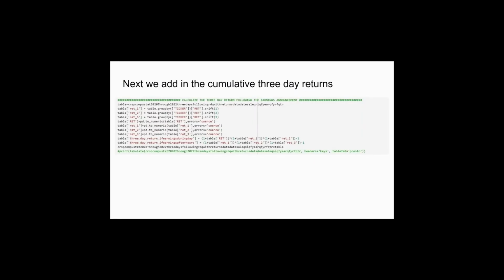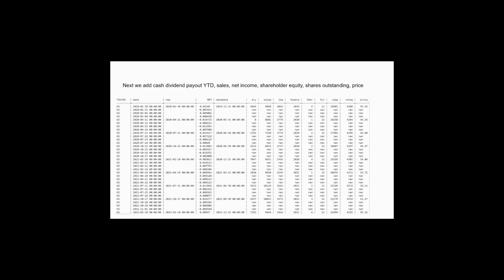And so here it is, cumulative 3-day return. Again, we add in the cumulative 3-day return data. Now this table became too big, but basically all of this is this plus this.